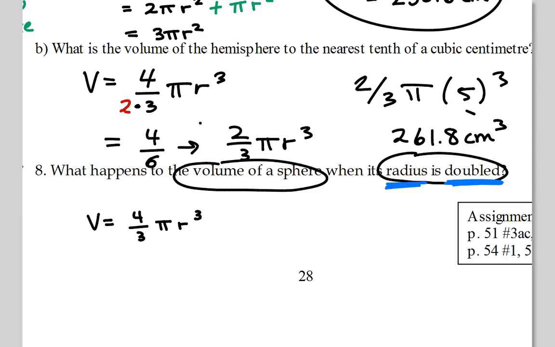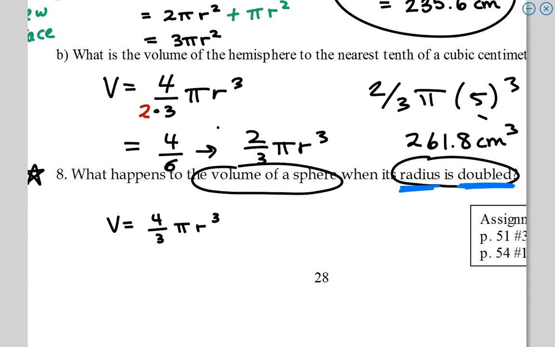So how do you double r? Good. 2r. So change r to 2r. Everything else stays the same. And we'll call this v dash.